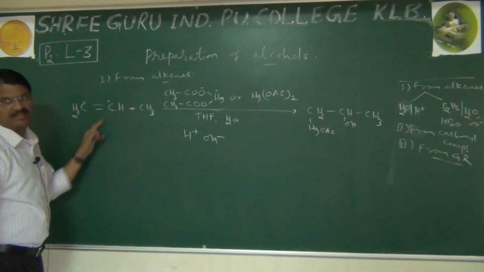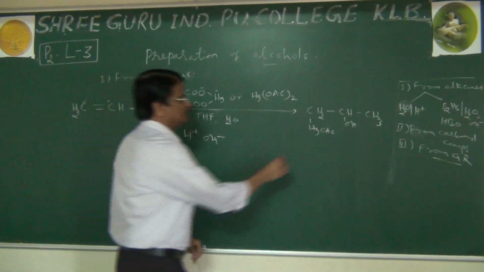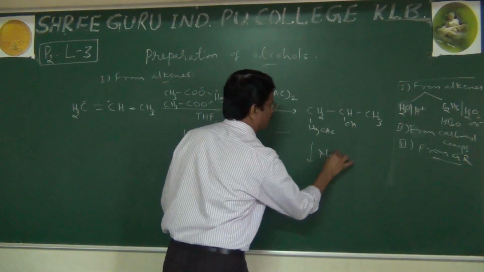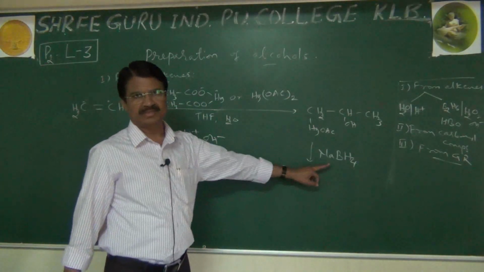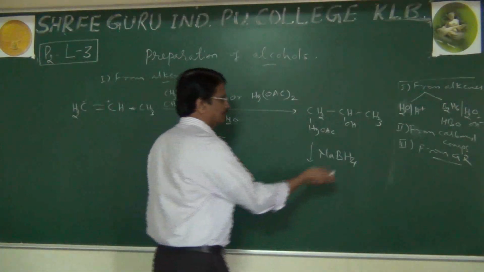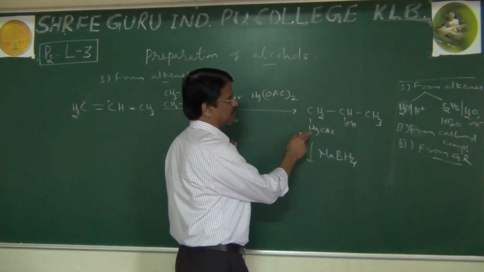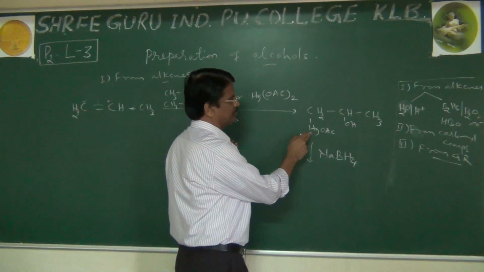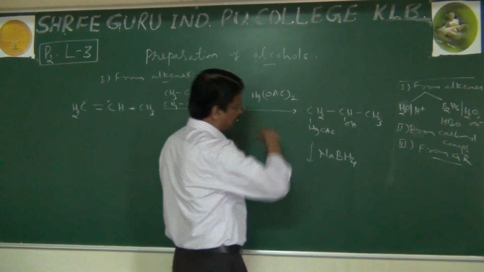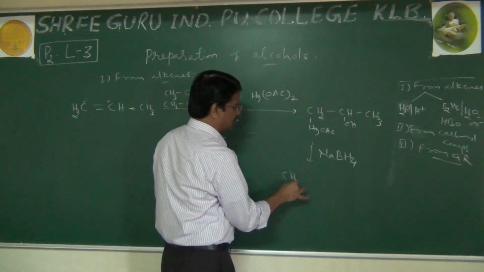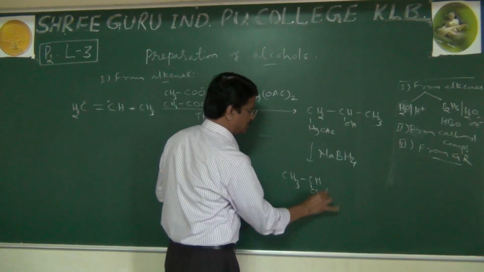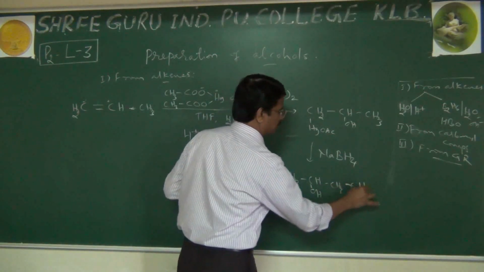Like this addition occurs. And further we add sodium borohydride, NaBH4, and it can form CH3 CHOH CH3 plus Hg.